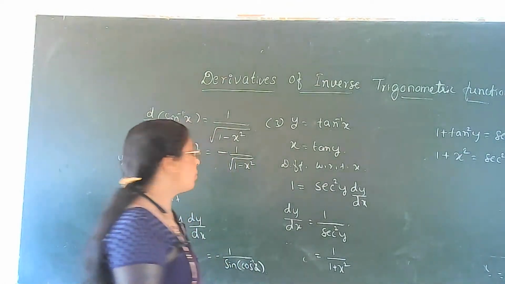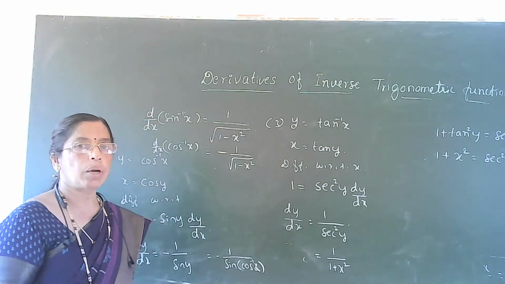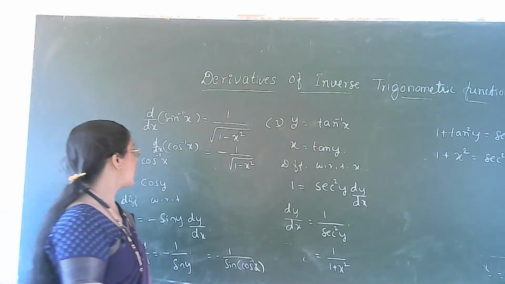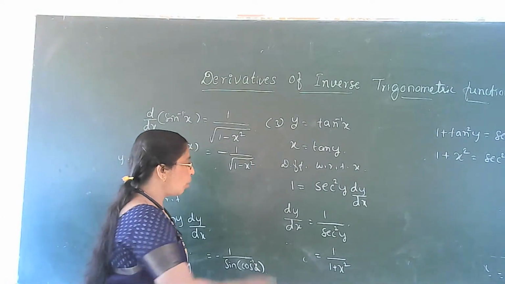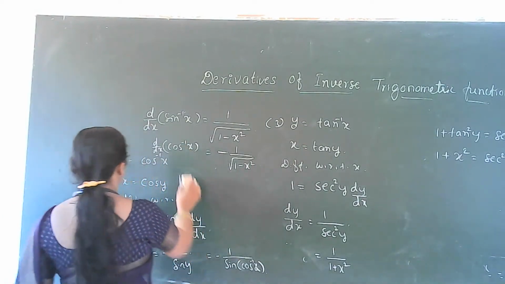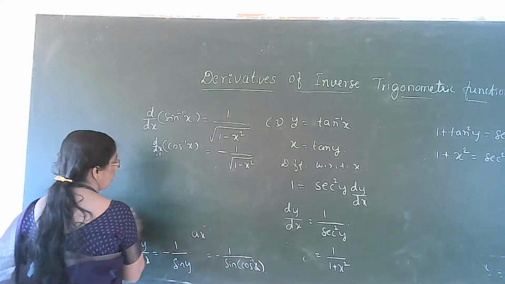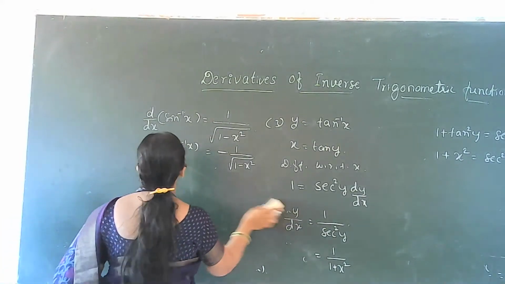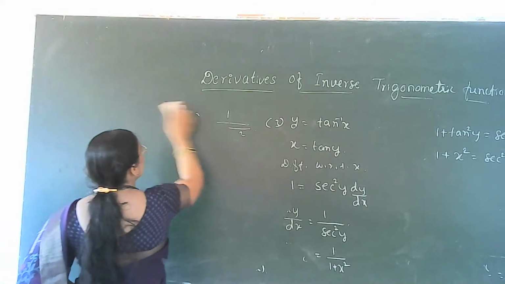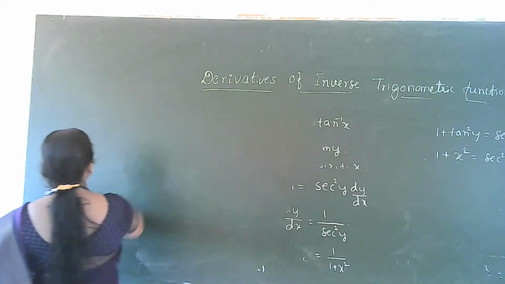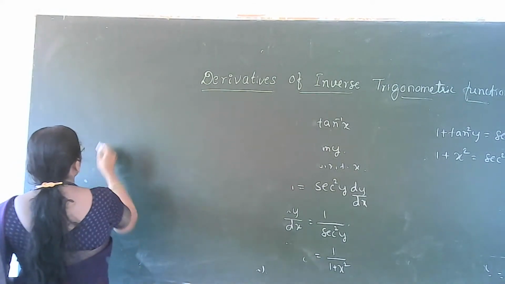Then derivative of cos inverse x is minus 1 by square root of 1 minus x square. Then derivative of tan inverse x is equal to 1 by 1 plus x square. I will write down all the formulas.